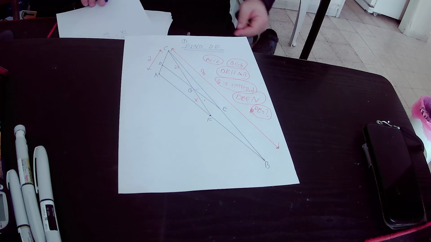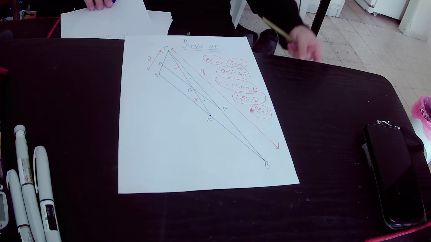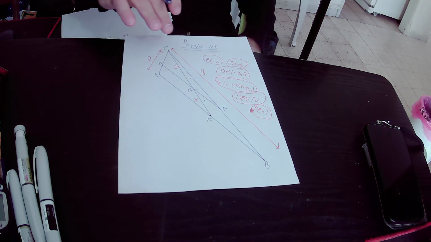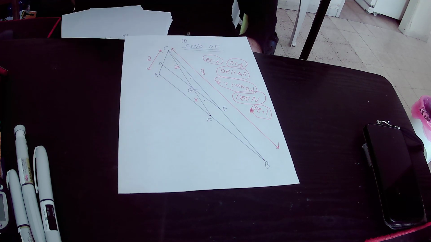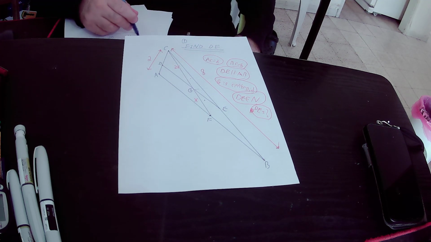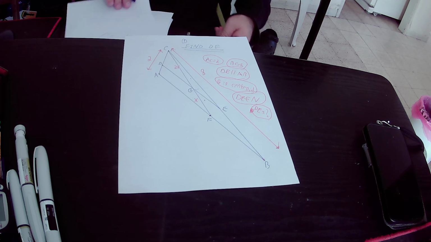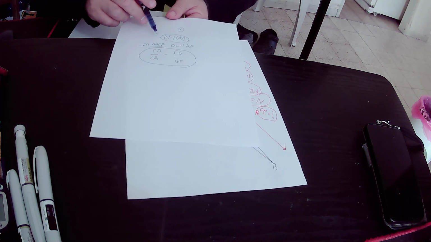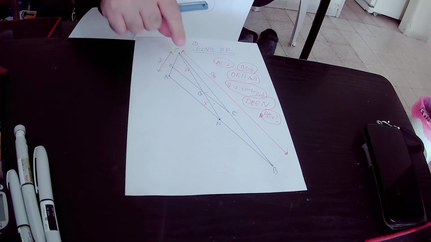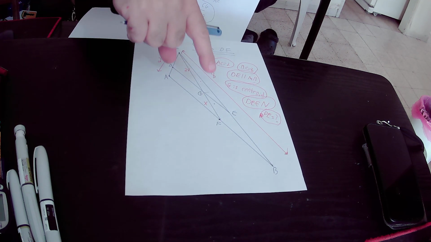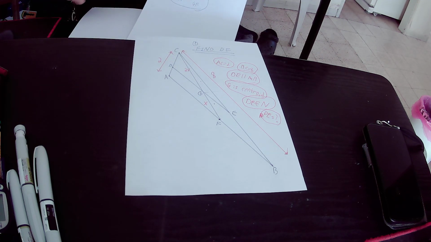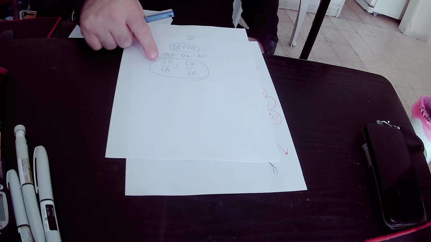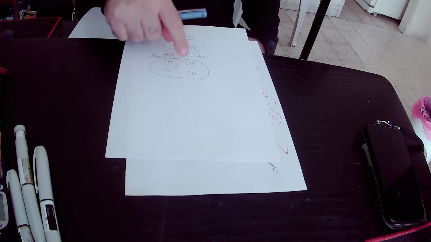So according to the rule that I stated, CD over DA will be equal to CG over GF. Therefore, CD over CA will be equal to CG over GF.